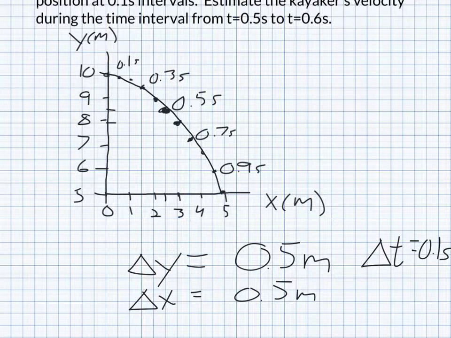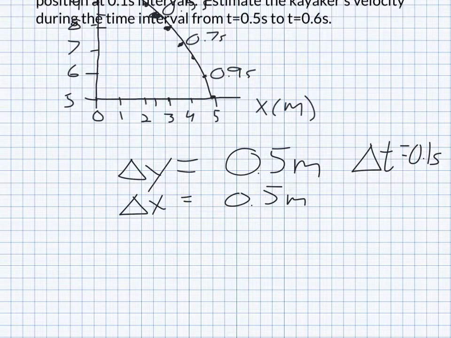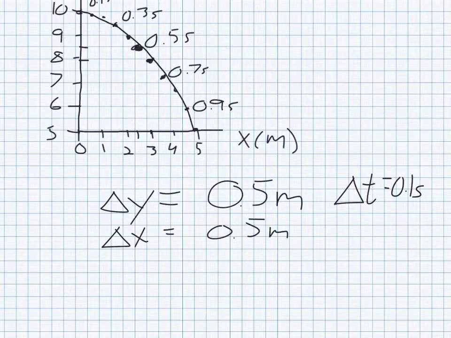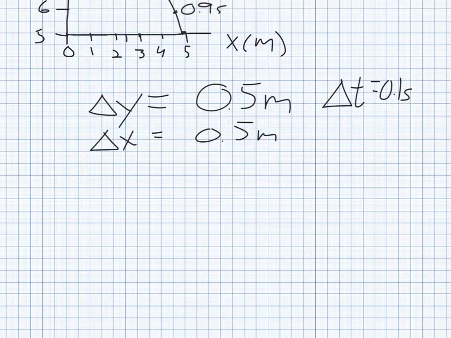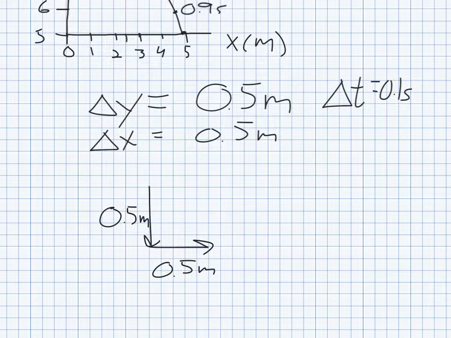Well, let's do it with a triangle. Let's go here. I'm going to draw this that he goes y in this direction. He goes down half a meter, and then he goes to the right half a meter. So his actual distance traveled could be approximated by this vector, which would be half a meter times the square root of 2.